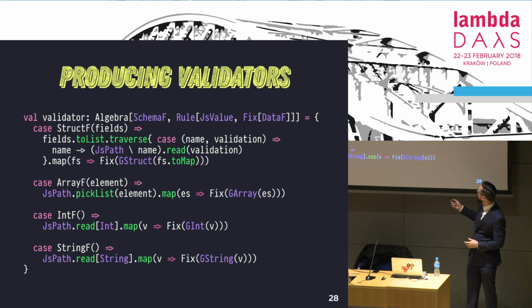So here we traverse the list with a function that takes a pair of the field name and the validator for the field, because again, we are in an algebra, so this is already a Rule of JS value to Fix DataF.